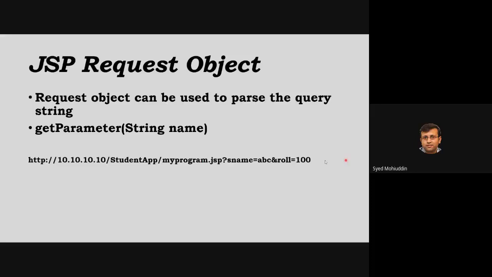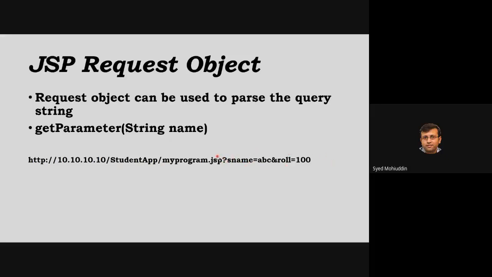So if you see, this is the example, this is the URL. Assume that it is used in the form action tag. Once the user has entered his student name and roll number and submitted, this is the URL string. Now here, after the question mark will be your query.